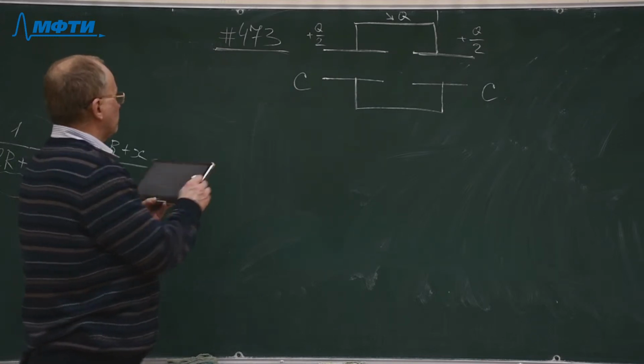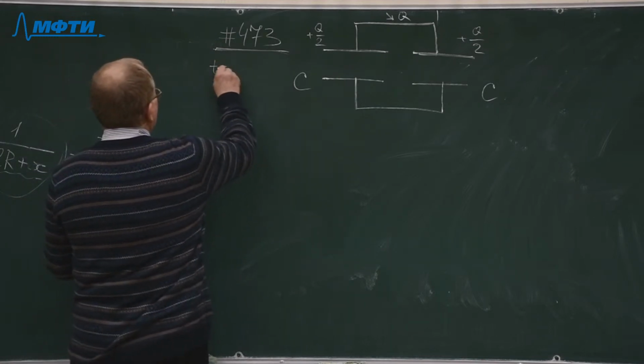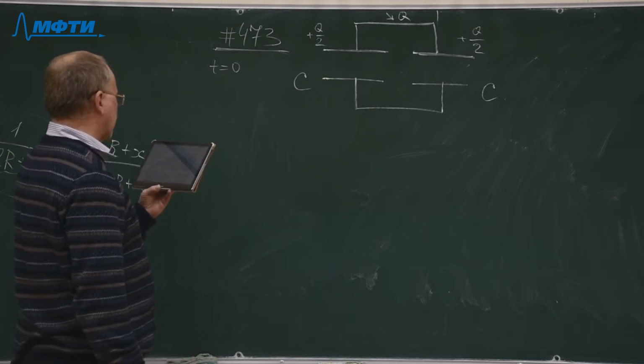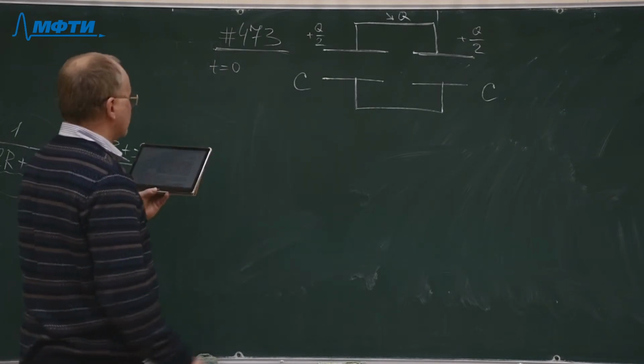At the moment of time t equals 0, the distance between the plates of the first capacitor begins to increase.